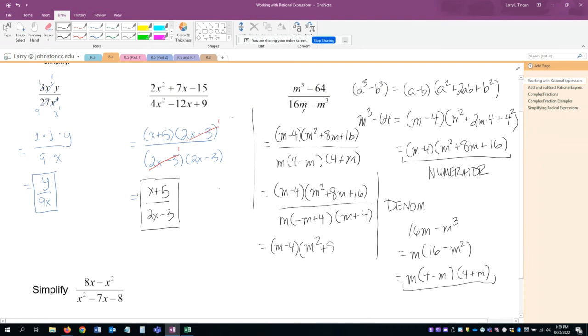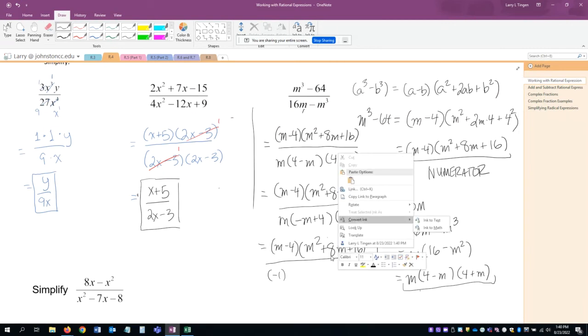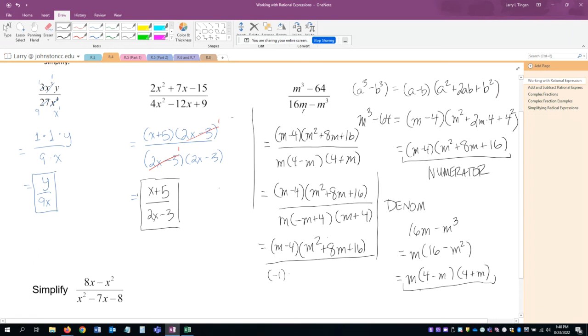If you're trying to figure out how do I know I'm not done, how do I know I need to go on? Well, if this is going to reduce any more, m squared plus 8m plus 16 is not going to factor. So the only way this is going to factor is if that m minus 4 somehow goes away or somehow divides out.